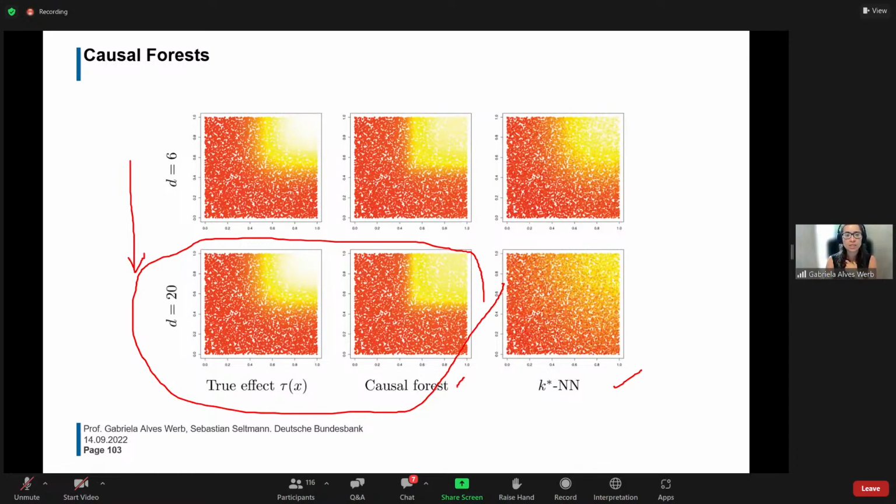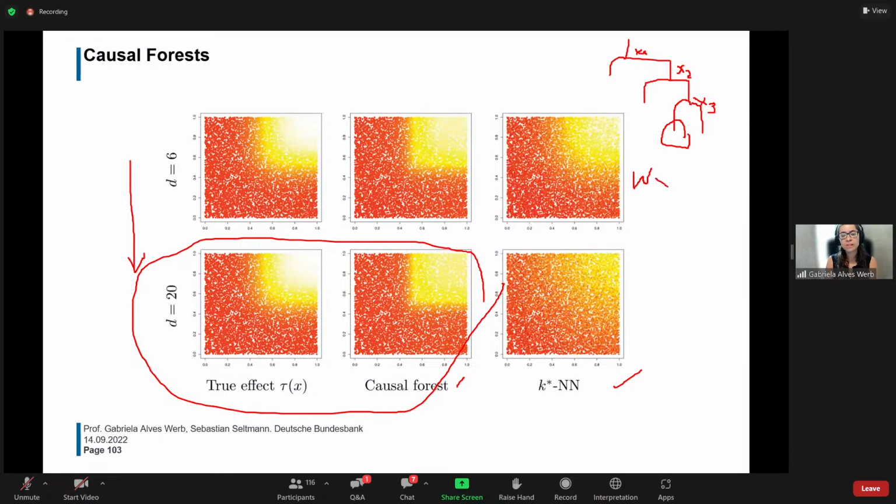Let's say we have a tree here that has these 3 splits: this is a split on x1 at whatever value, this is a split on x2, and this is a split on x3.